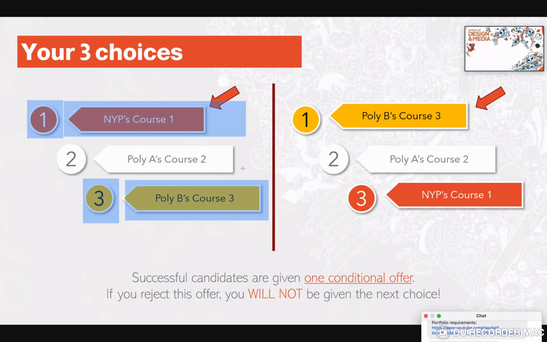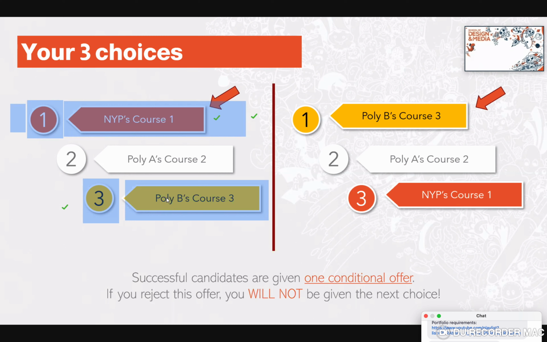So what can happen is this. If NYP were to offer you, I say, okay, I like this student, I offer this student, and Poly B also offers you, so you have 2 offers now.